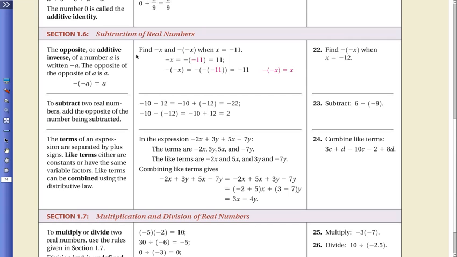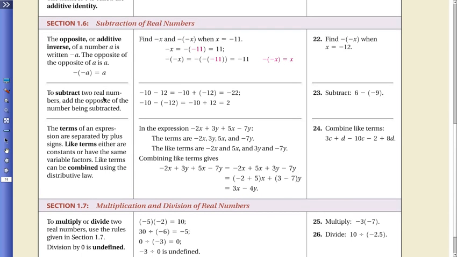So they show the different things that can happen here. We see when I need to evaluate a negative number, when it's negative x, think about the x as being a slot that you put that negative value in, and you got the negative of a negative 11, which is really negative 1 times negative 11, which is a positive 11, and so on.